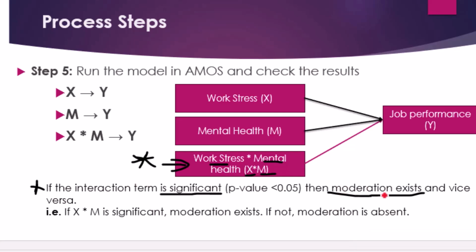So if the product of X multiplied by M, which we are now calling the interaction term, is significant, then moderation exists. If not, moderation is absent. These are the 5 steps we follow when conducting moderation analysis in AMOS.